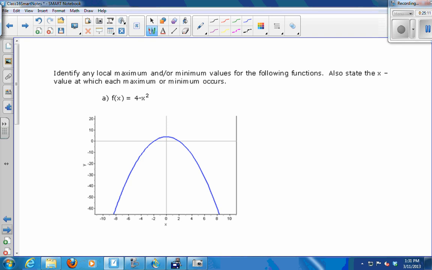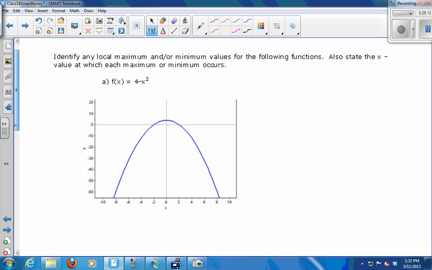So for example, this one has a local maximum right here, that highest point. Its maximum value, the function has a maximum value of, and then you give the y coordinate.